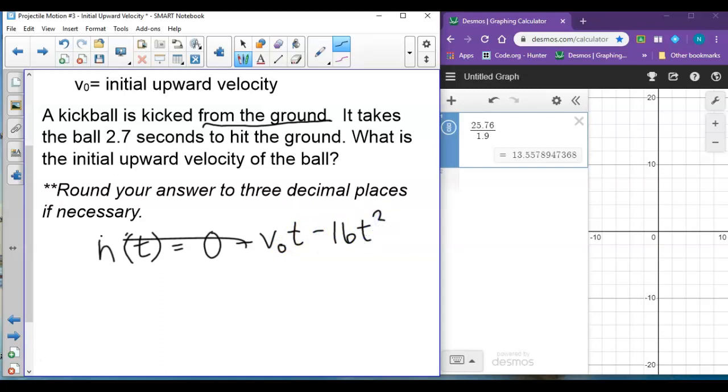And so I know that it takes 2.7 seconds for the ball to hit the ground. So for my height, when the ball hits the ground, the height is 0, so I'm plugging in 0 here. And then for that t, I'm going to plug in that 2.7.